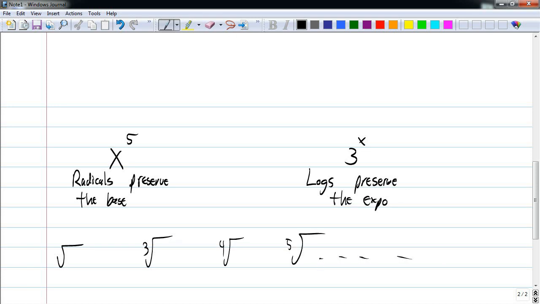This exponent here, I would undo with a fifth root, because it's to the 5th power. Okay, so let's explore this.